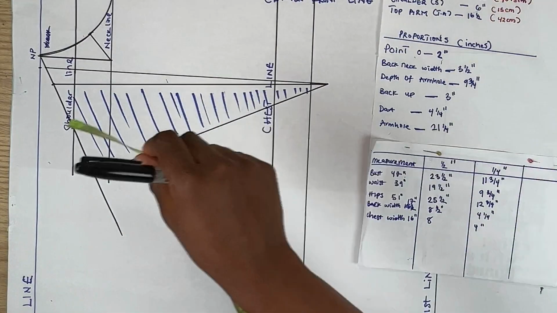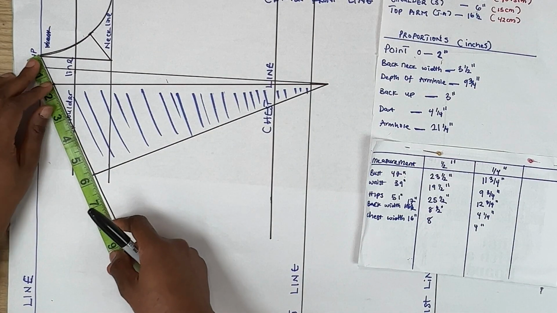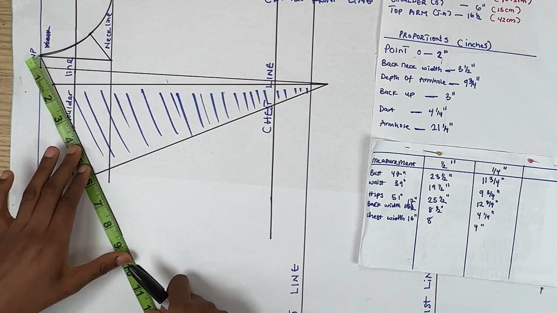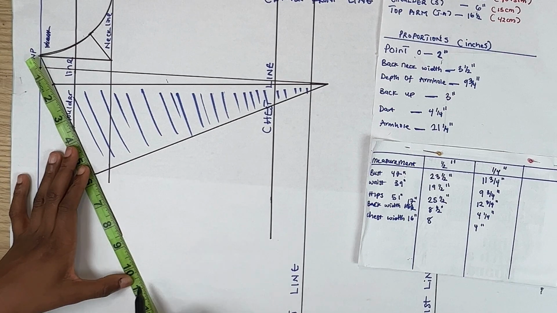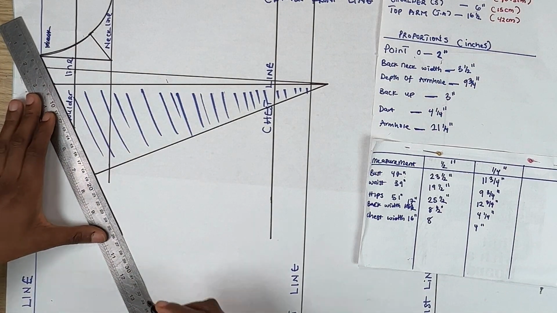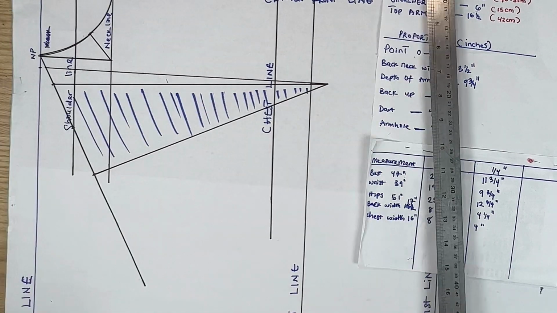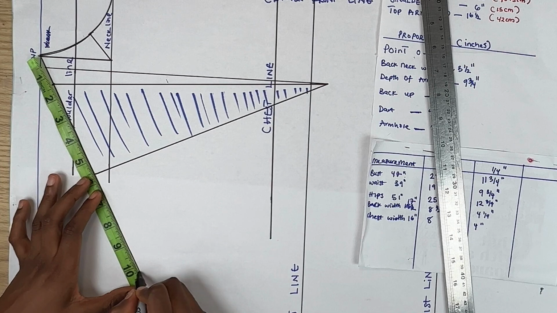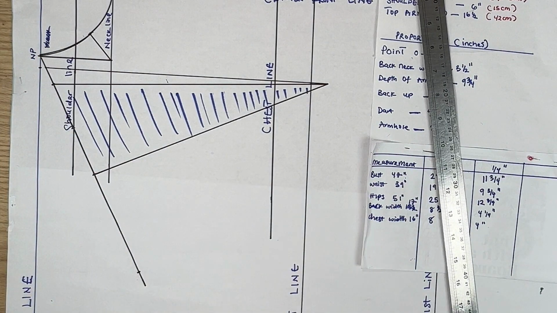From the NP, I'm just going to mark 10.25 inch. Now we're going to call here SP for shoulder point.